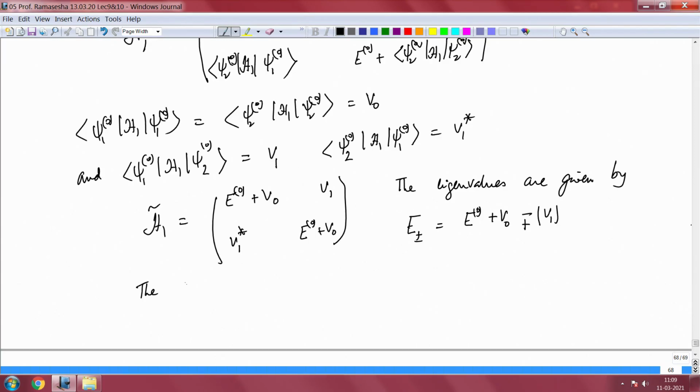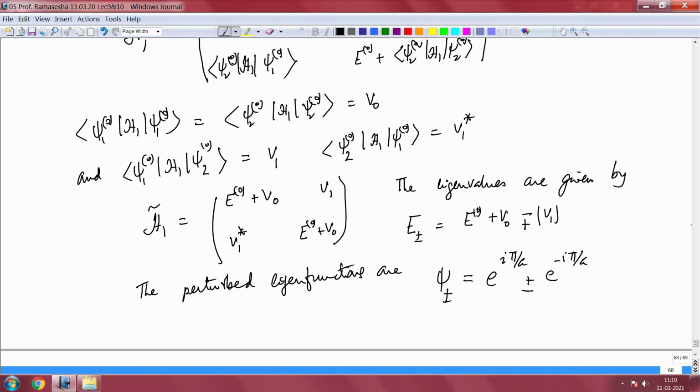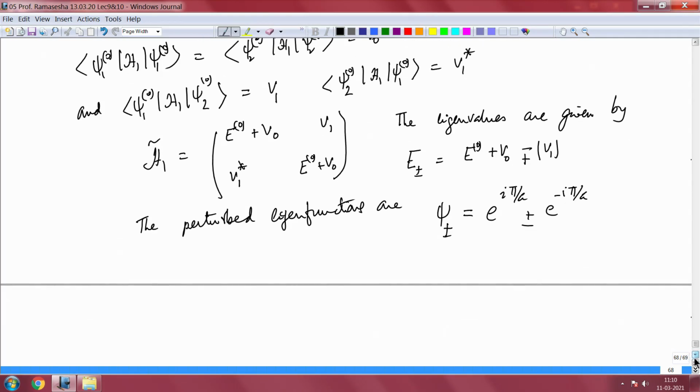The perturbed eigenfunctions are psi plus minus is equal to e to the i pi by a x plus or minus e to the minus i pi by a x. Okay. Now, let us see what happens to the energies first and then look at the wave function a little more in detail.